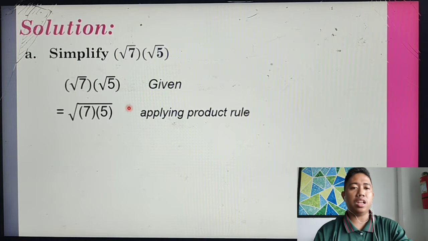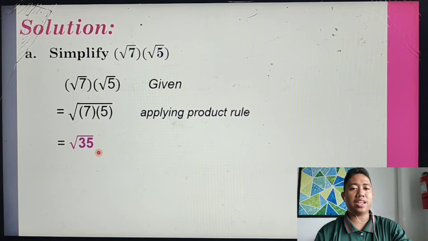Then we apply the product rule: the square root of 7 times the square root of 5 becomes the square root of the product of 7 and 5. The next step is to simplify 7 times 5, so we get the square root of 35. That is very simple.